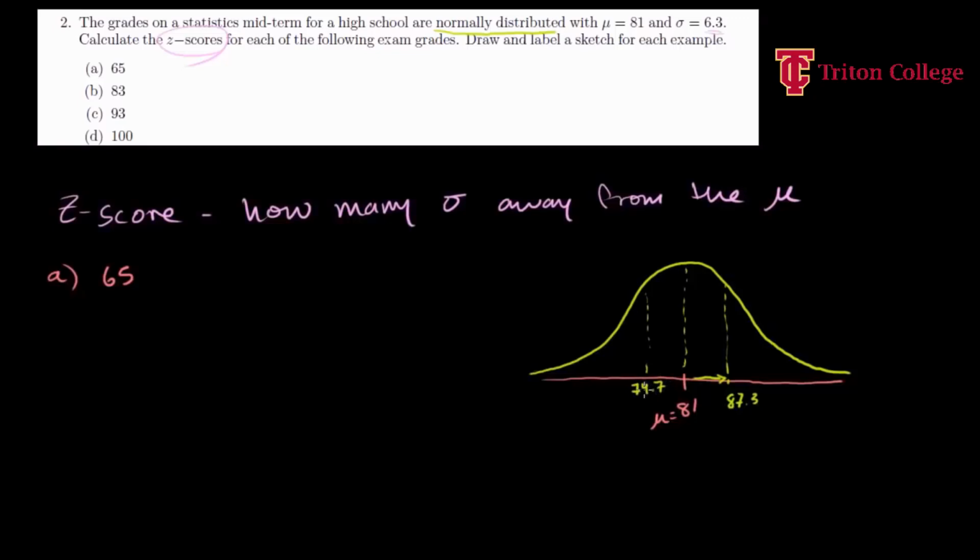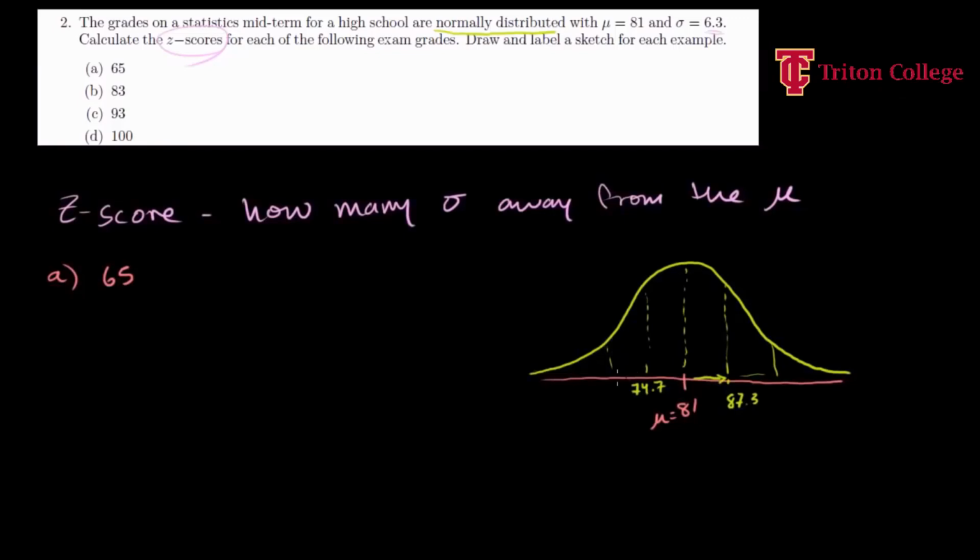And that gives me 74.7. And I'm just going to rough in 2 standard deviations and 3 standard deviations. And what you can do in your mind or in your notes is just add 6.3 or subtract 6.3 for each deviation, depending on if we're above our mean or below our mean.